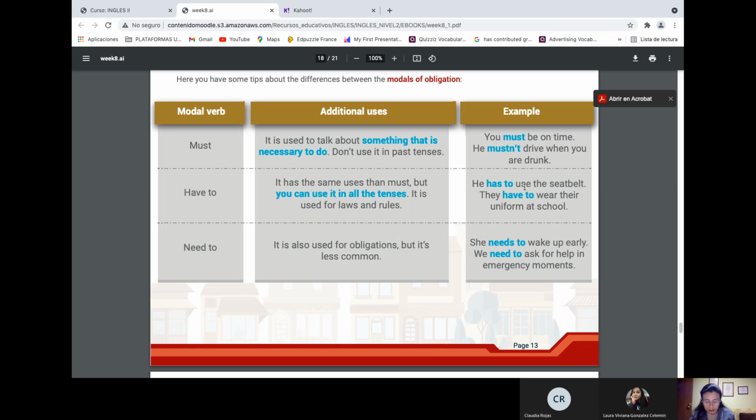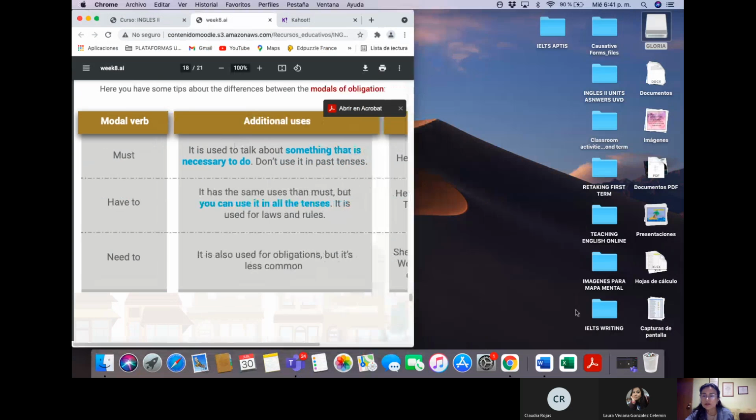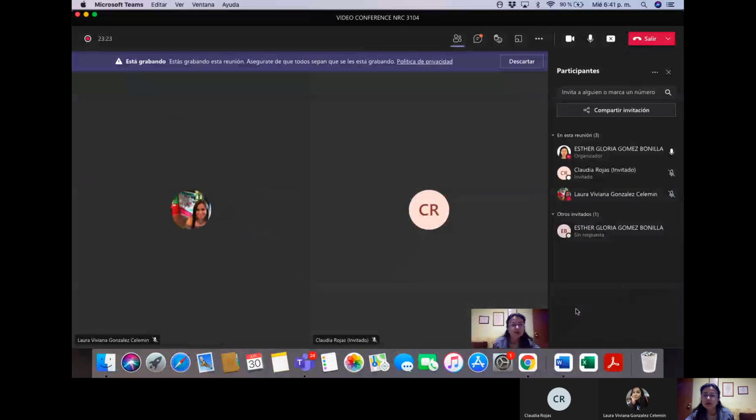Can you please help me to read the examples? Claudia Rojas? Hello, Claudia? Can you hear me, Claudia? Do you have your microphone? Claudia? Is your microphone working? Or you are not here?